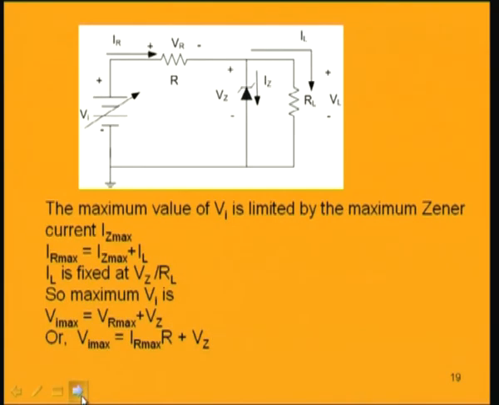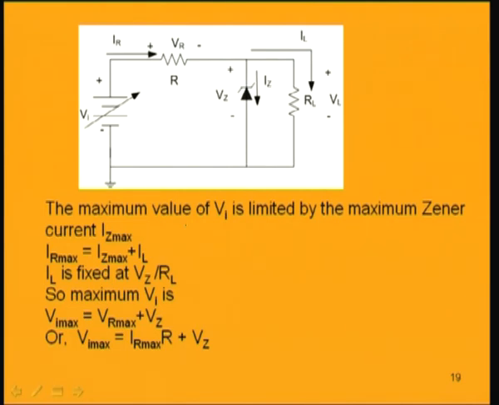And what about the maximum value of Vi? How much can you go on increasing Vi in order to keep the Zener diode on, while staying within the limit of the Zener diode specification, because we have a maximum Zener current rating. If you go on increasing Vi, Zener diode current will go on increasing, but we cannot increase it so much because there is a limiting condition specified in the data sheet of the Zener diode, given by IZ max.